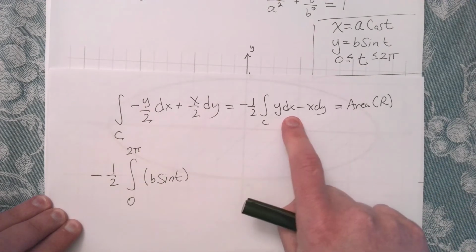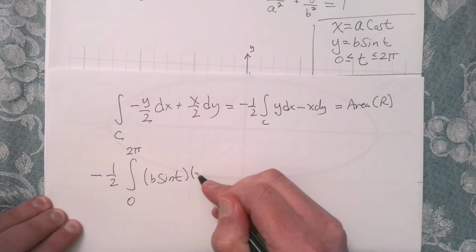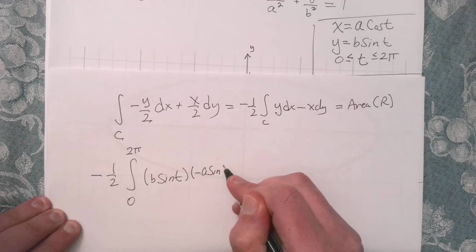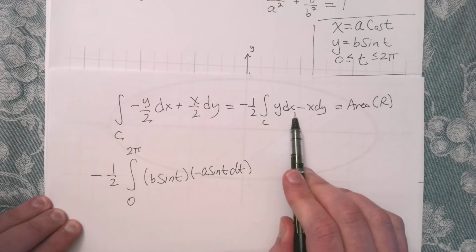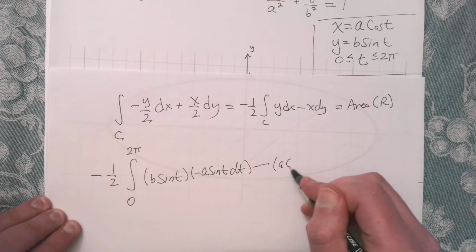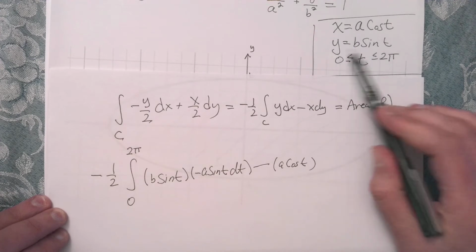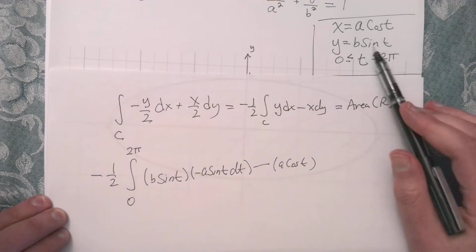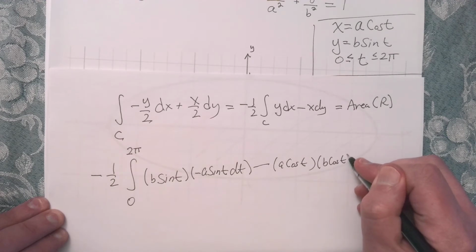Next I need dx, so I'm going to take the derivative of both sides. So dx is equal to negative a sine of t dt. Minus, from the formula, x, which we said is equal to a cosine of t. And then next we need dy, so we take the derivative. So dy is equal to b cosine of t dt.